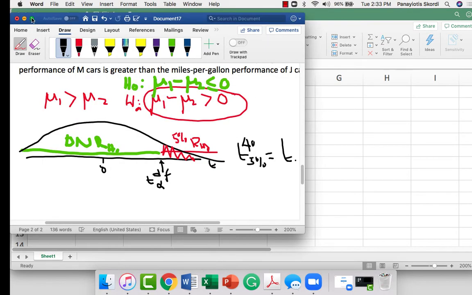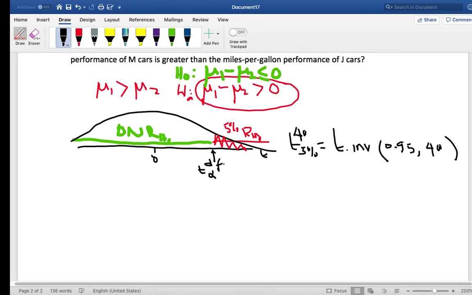So this value in here is going to be equal to 1.684, and that's our critical value. Let's put it in there, 1.684. And then once we work out the test statistic, if the test statistic falls to the right of this, then our conclusion is reject. And if it falls to the left, it's do not reject.